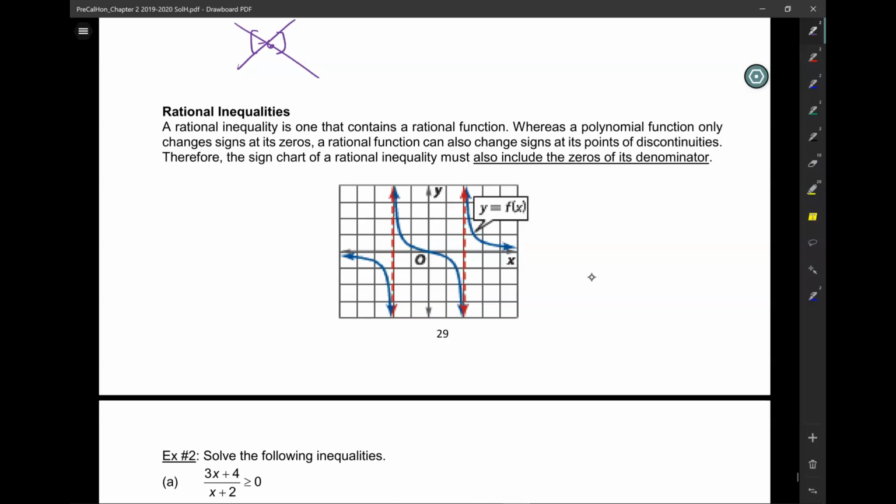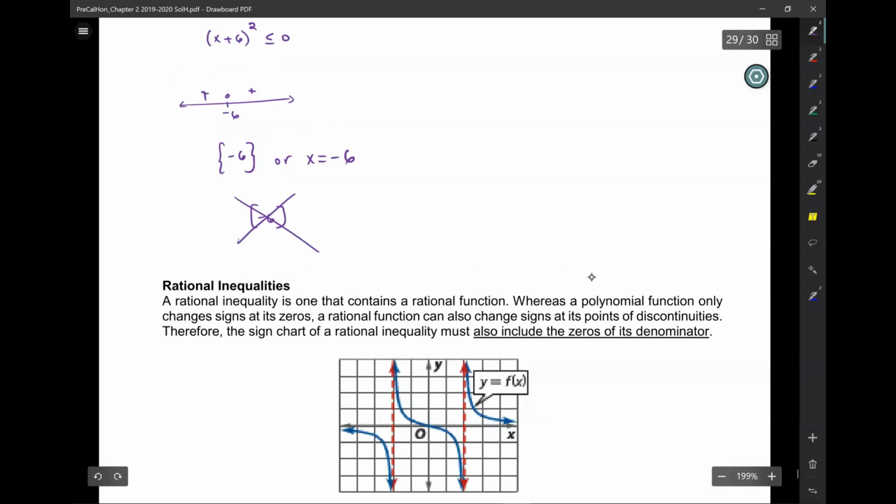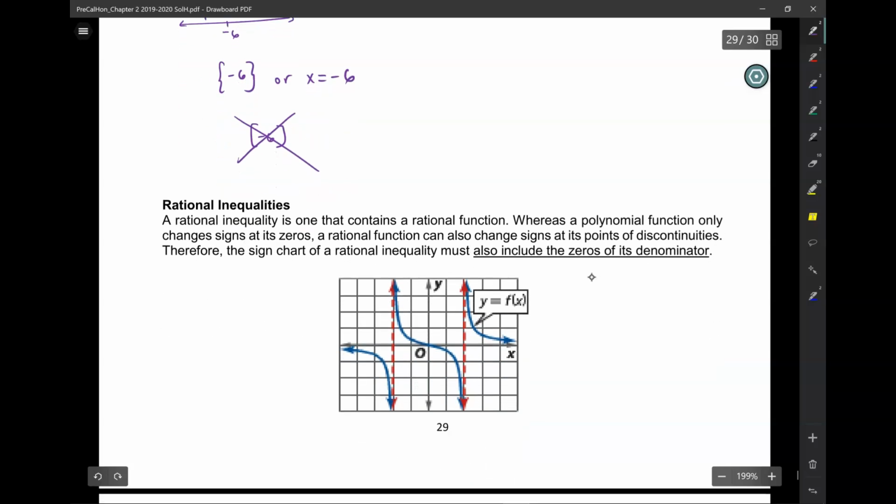So, what if we have a rational inequality, like something like this? The process is the same with one additional hiccup. Until now, we've been seeing that a function can go from positive to negative at the zeros.